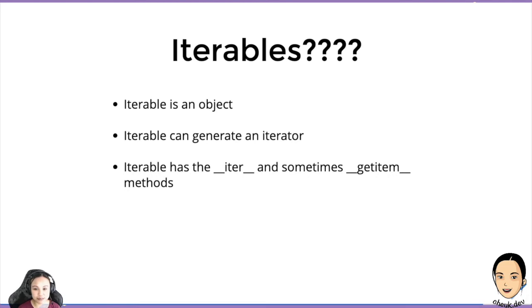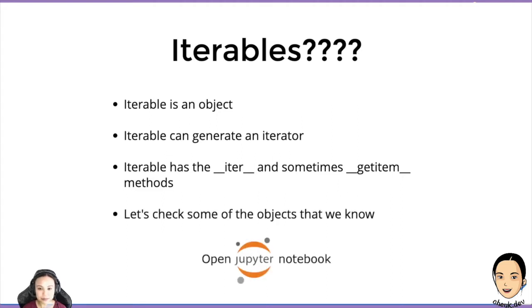The iterable has the iter method, and sometimes also getitem, because a lot of the sequential objects which have getitem are also iterable. So a lot of the iterables we came across are actually sequential objects, so they would have both the getitem and the iter methods. So let's check it out.